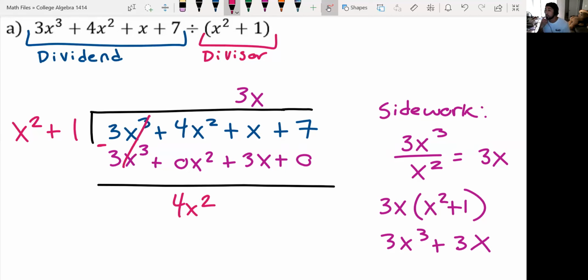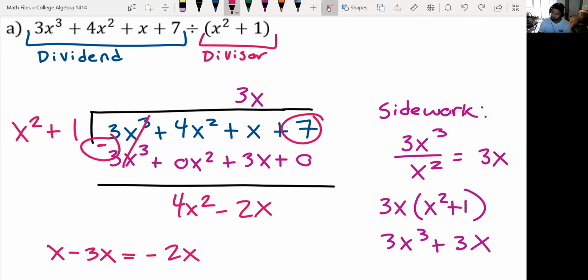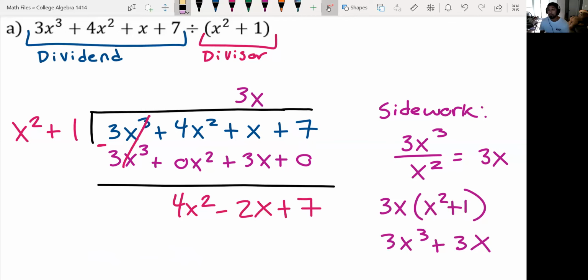Now, here's where we have to be really careful with our signs. x minus 3x, if you need to write it down, x minus 3x would give us negative 2x. So that has to go right there. And then 7 minus 0 is, of course, still 7. Okay. There's the first breakdown.